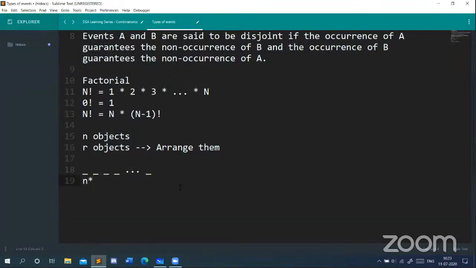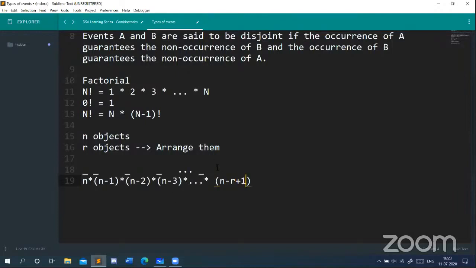For the next blank, I'll have n minus 1 choices. For the next blank, n minus 2 choices, and so on. For the next, n minus 3 choices, and so on. For the last blank, I'll have n minus r plus 1 choices.